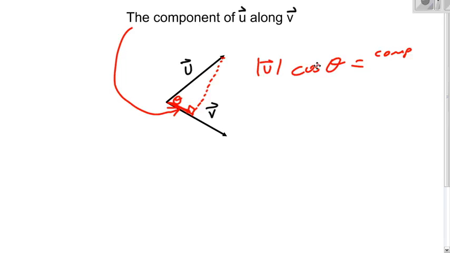And we know the angle in between is related to the dot product. U dot v divided by their lengths is how you can find cosine.